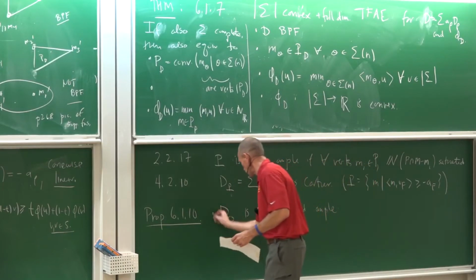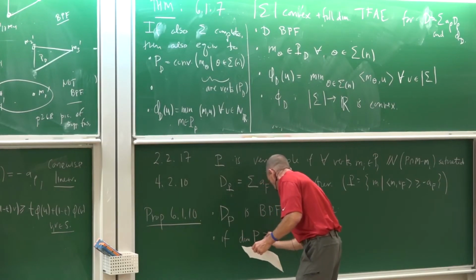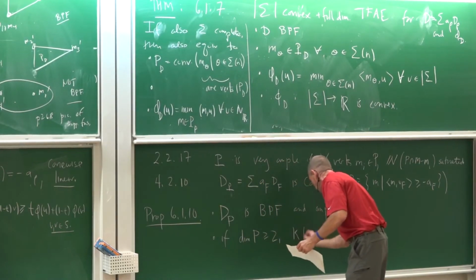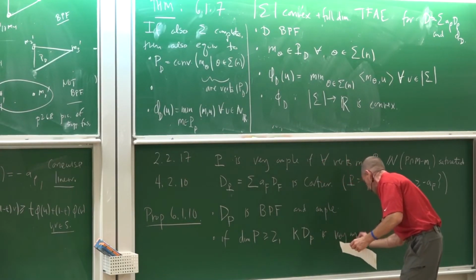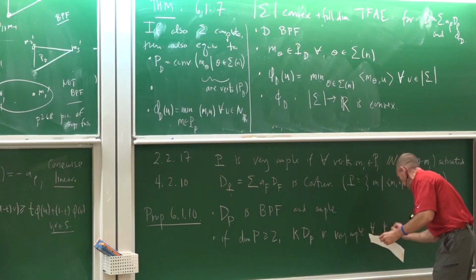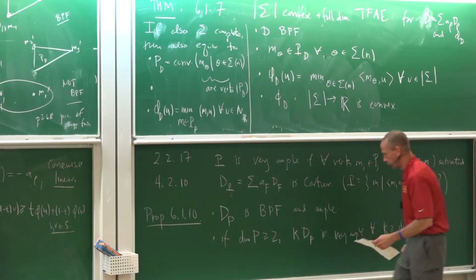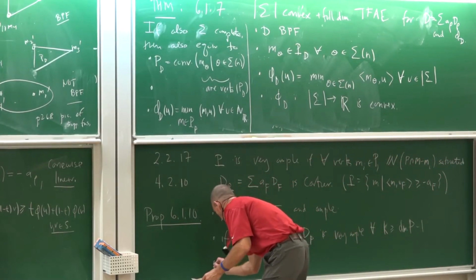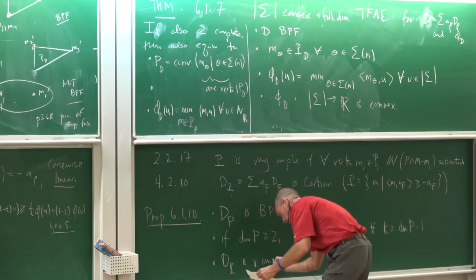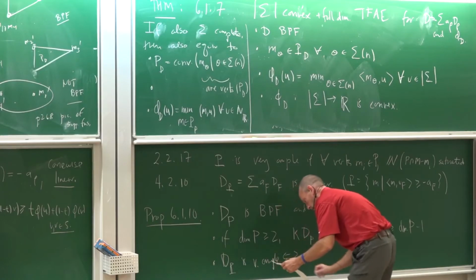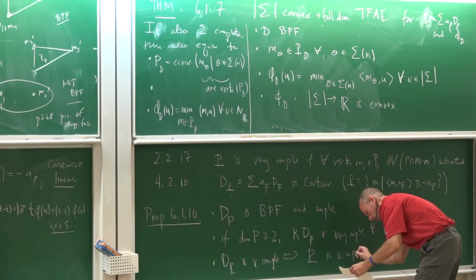And if dim P is greater than or equal to 2, then k D sub P is very ample for all k greater than or equal to dim P minus 1. And finally, D sub P is very ample if and only if P is a very ample polytope.